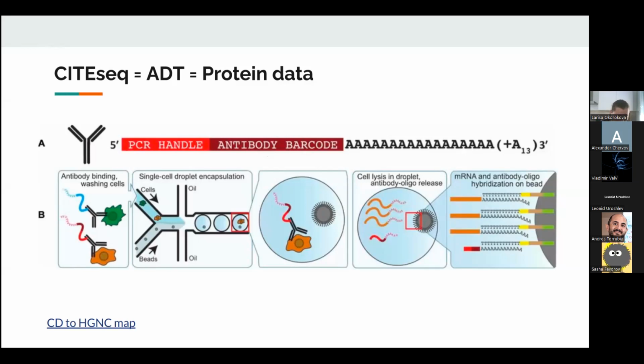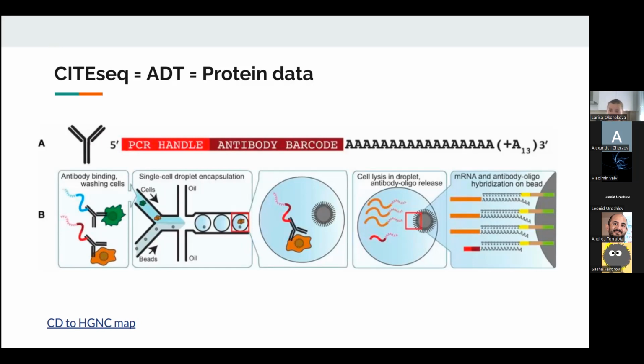But you see, there is a problem compared to gene expression data. When we assess genes, we can read everything, every single nucleotide chain. But with the CiteSeq, we need to design these antibodies. We need to design the PCR handle. The PCR handle is not very important.